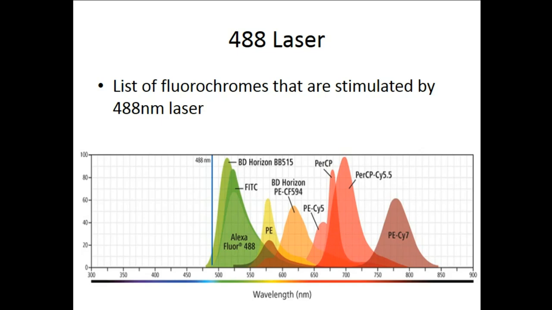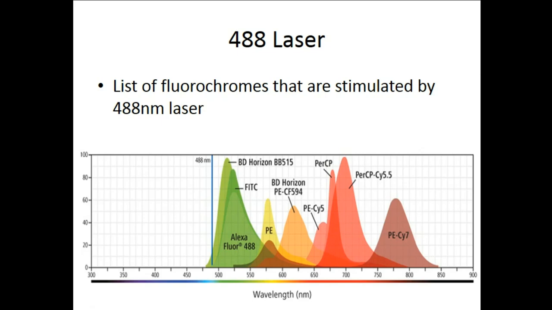Now, if I have 3 different targets that I'm interested in, I'm likely to pick Alexa here, probably BD Horizon here, and PECY7 here. And the rationale for making that choice is none of the curves interfere with each other.